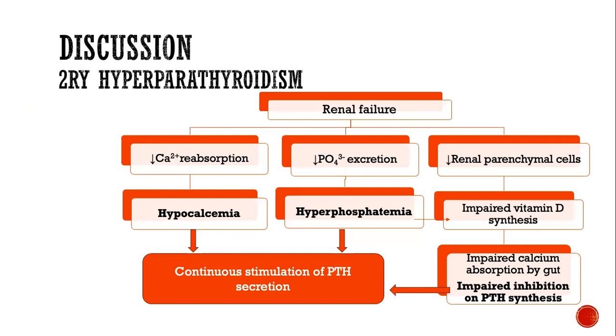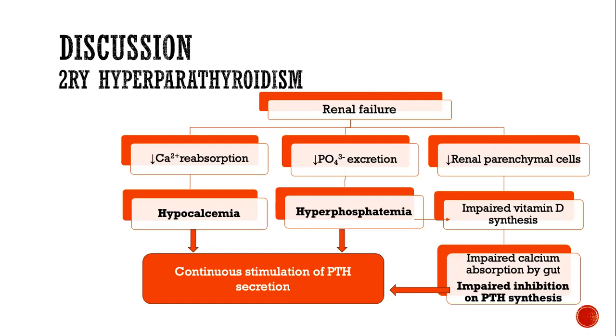In renal failure, there is decreased calcium reabsorption at the distal convoluted tubules, leading to hypocalcemia, and decreased phosphate excretion at the proximal convoluted tubules, leading to hyperphosphatemia. Both hypocalcemia and hyperphosphatemia stimulate PTH synthesis and secretion from the parathyroid glands. In addition, there are decreased renal parenchymal cells, so there is impaired vitamin D synthesis.